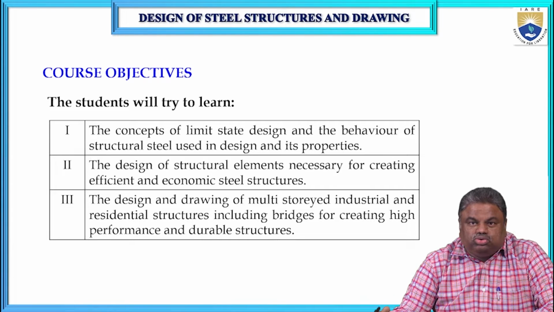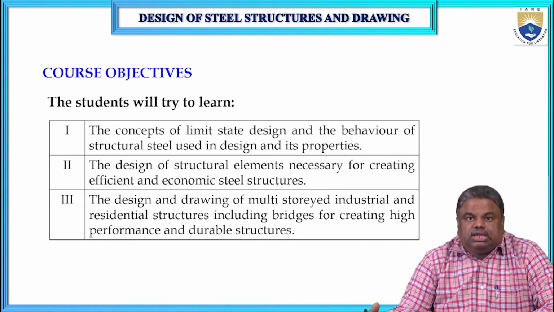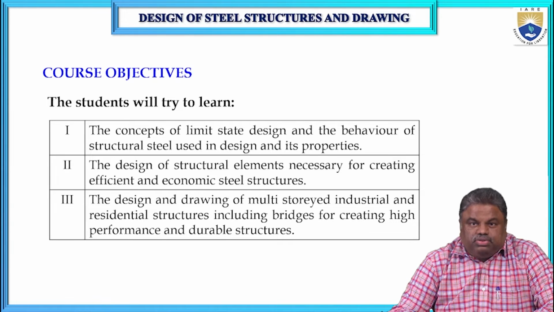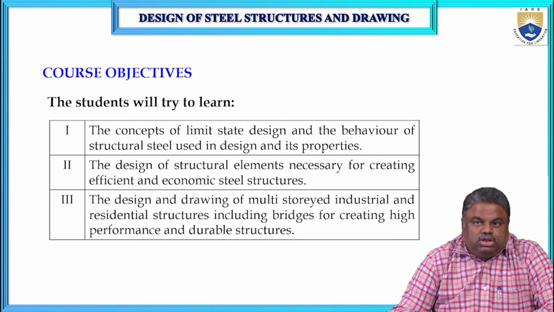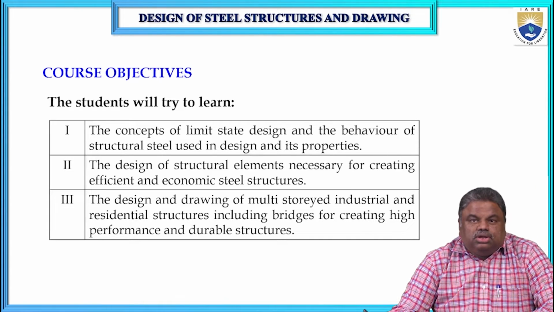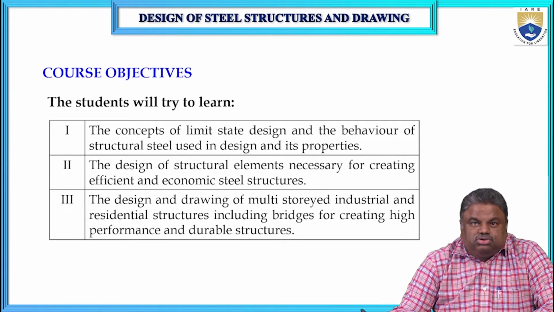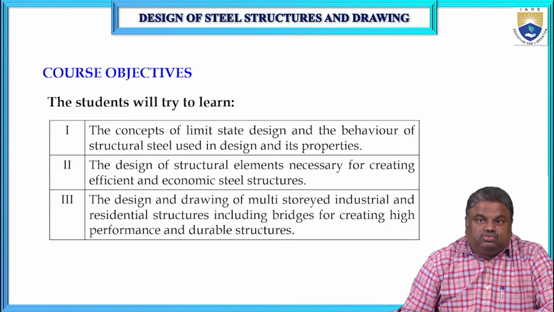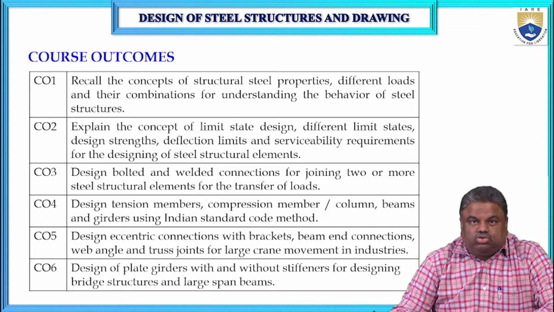These two things we need to take care of as a structural engineer. Third is the design and drawing of multi-storied industrial and residential structures, including bridges, for creating high performance and durable structures. After completion of this course, you will be able to learn all these three. These are the main course objectives of this design of steel structures course.